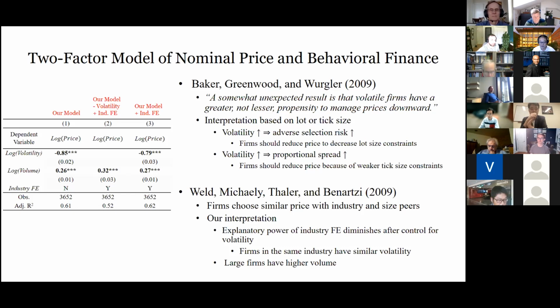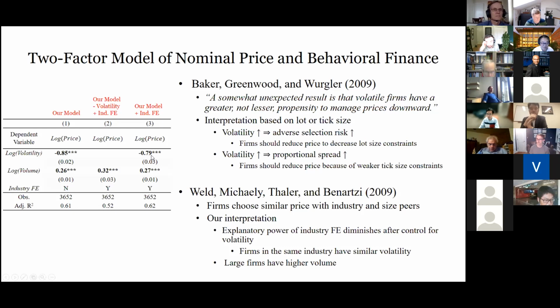But our interpretation is about why there's an industry fixed effect. Firms in the same industry have more or less similar volatility. If you control for volatility, you will find that even if you add the industry fixed effect, the explanatory power is minor, 0.01.